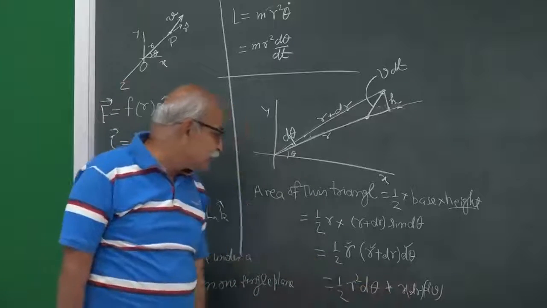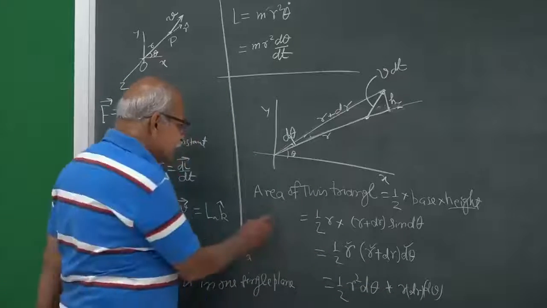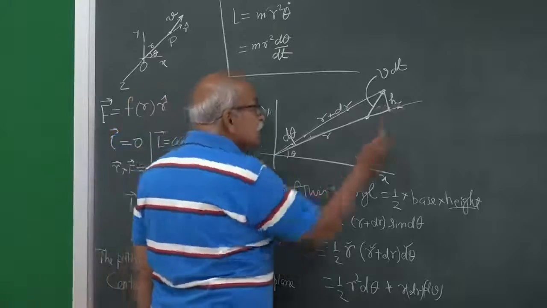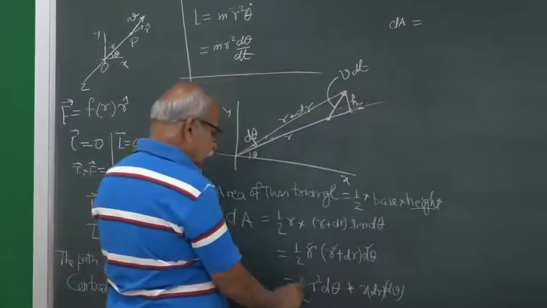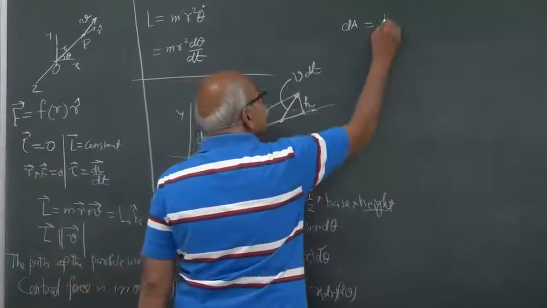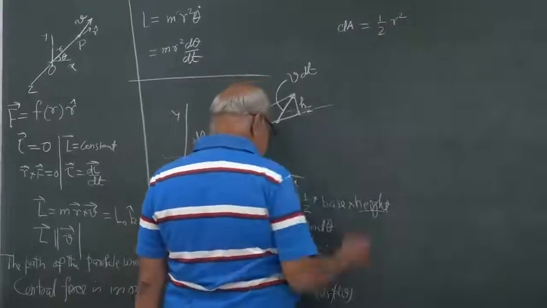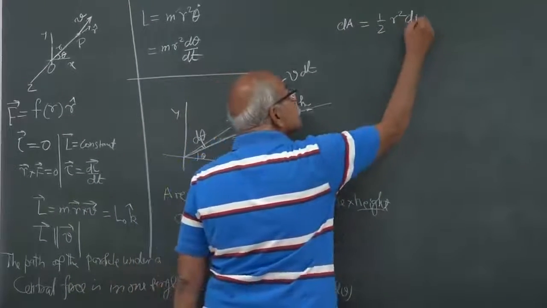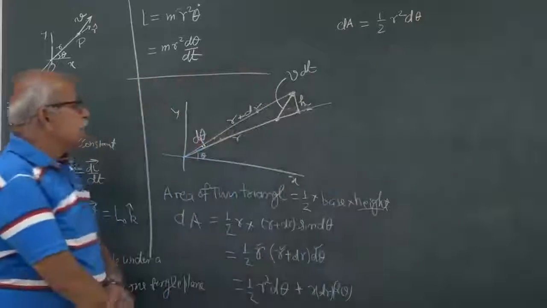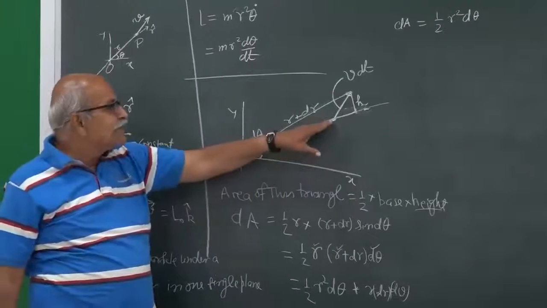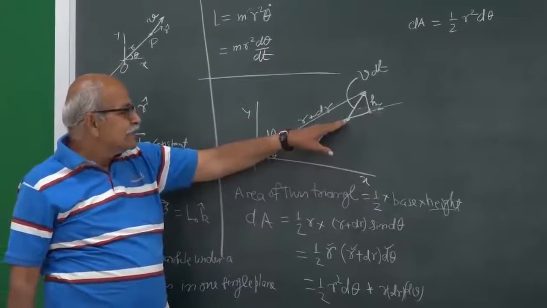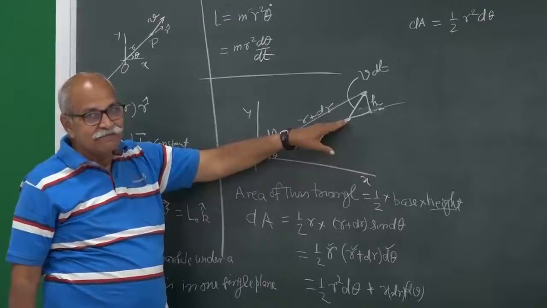So, this can be dropped out, and this area dA is equal to half r square d theta. That is the area, and this is the area swept by this radius vector in time dt.